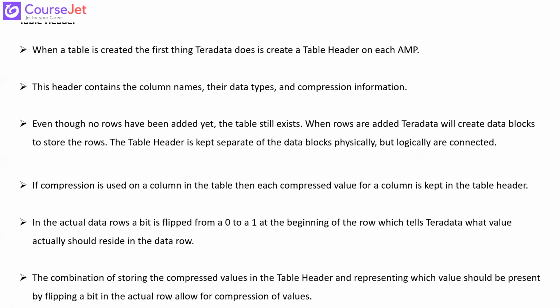Also, if compression is used on a column, that value will be stored in the table header, and the actual data rows will be flagged in the header like 0 and 1, representing the values stored in the blocks.